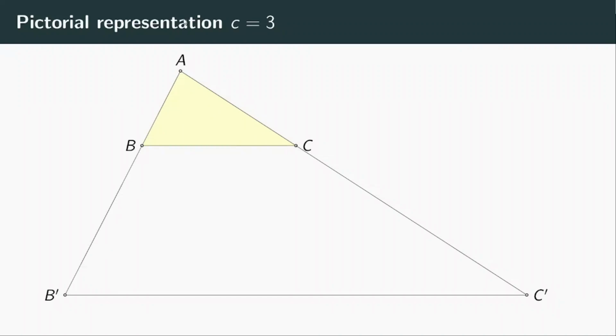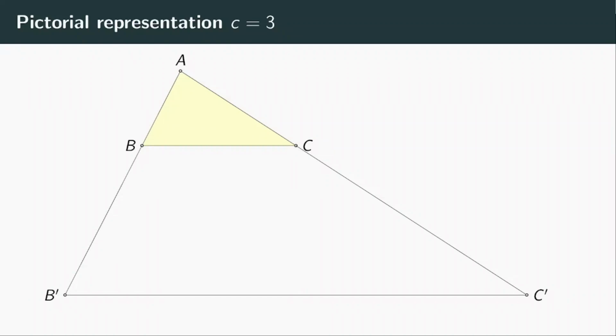So now let's look at a pictorial representation of what happens with a triangle when I scale it by a factor of 3. Here I'm thinking of ABC as being my original triangle, and I apply some similarity transformation, a dilation centered at A of ratio 3. So here I now have my bigger triangle A, B prime, C prime that I got by dilating the triangle ABC with a factor of 3.